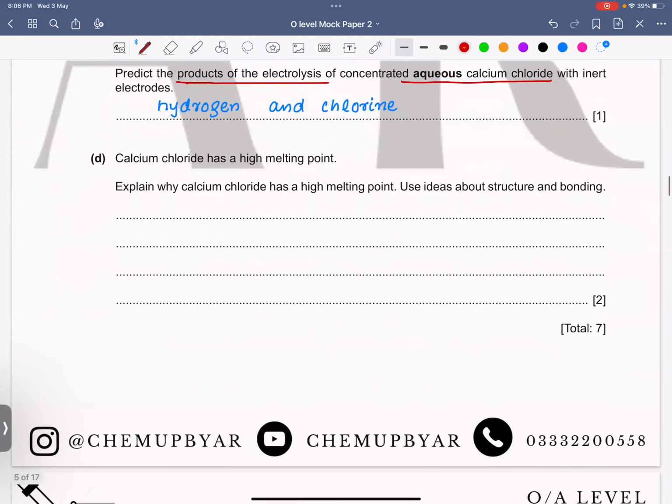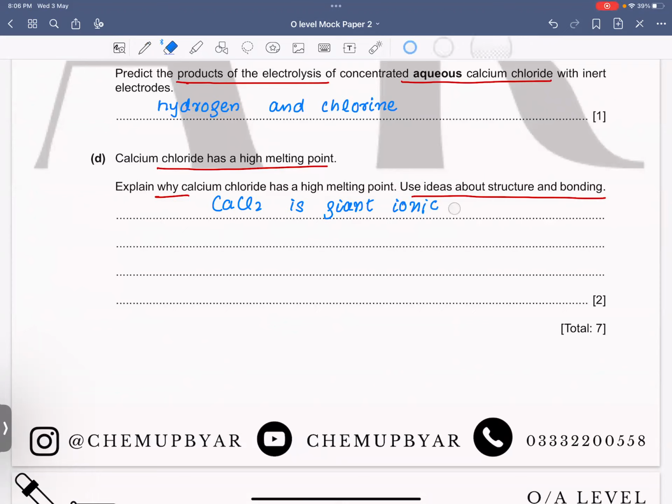Now, D part, calcium chloride has a high melting point. Explain why calcium chloride has a high melting point. Use ideas about structure and bonding. Okay, so we know that there are ions, which makes it that we can write that calcium chloride is a giant ionic lattice. So that's what I have commented about its structure.